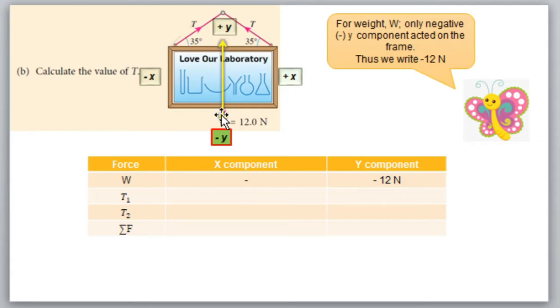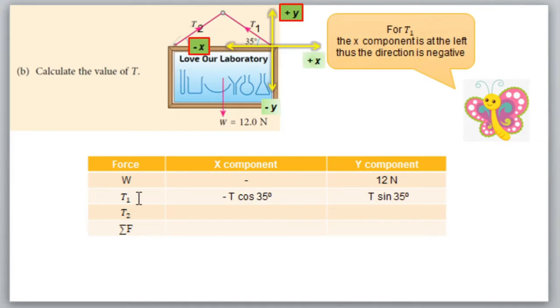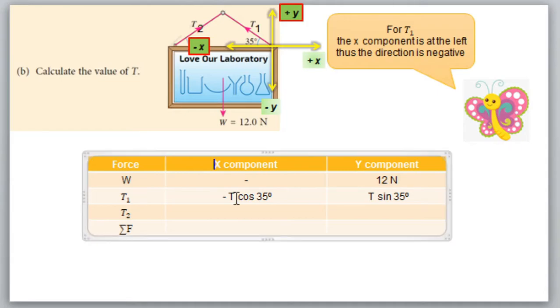For the second force, which is T1, T1 is in the direction of negative X. So we put negative here, and the X component of the force is T cos 35 degrees.